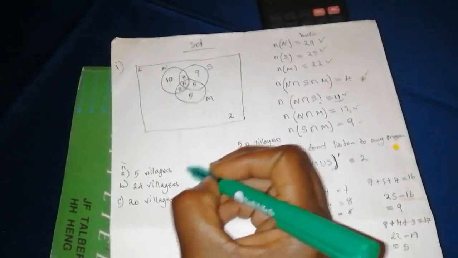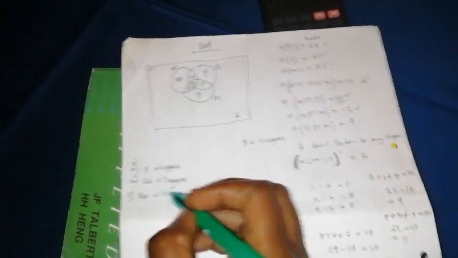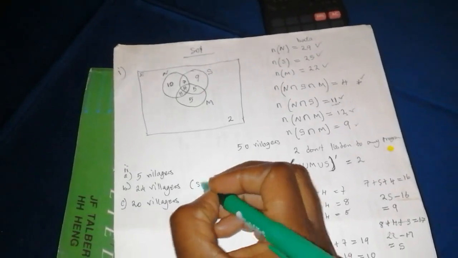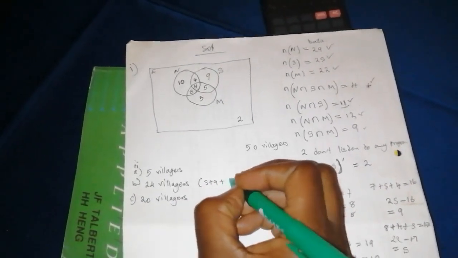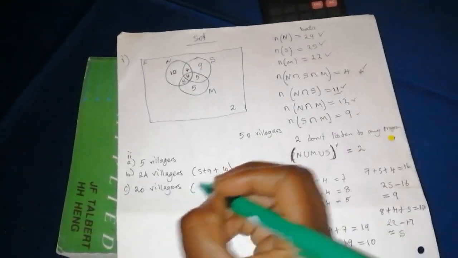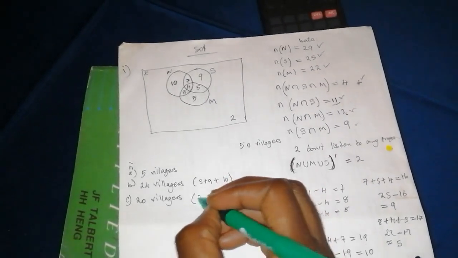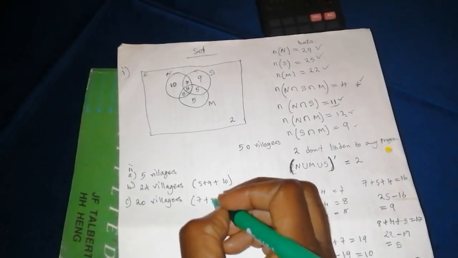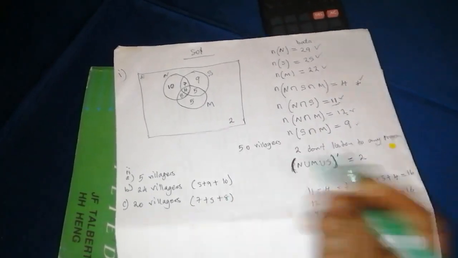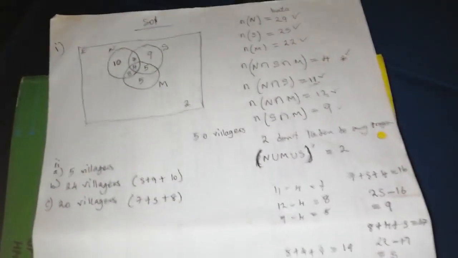So here we simply got 5 from here. Then there we added 5, 9, and 10. Here we've added 7, 5, and 8. So that's all about this question.